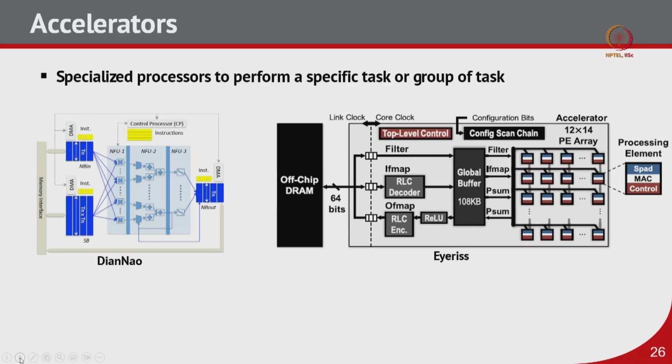Now, as I was saying, the processor speed has been improved, but the DRAM or the interconnect bandwidth has not been improved. That is why there are different accelerators. Accelerators are nothing but specialized processors to perform a specific task or group of tasks.